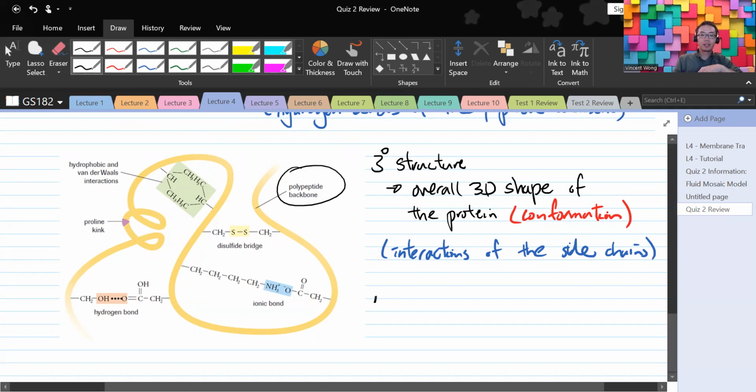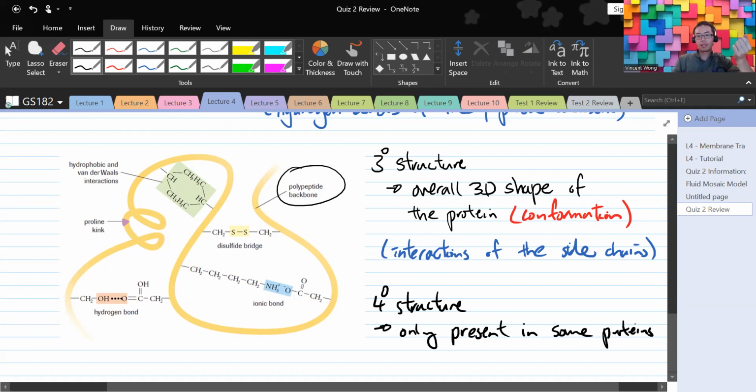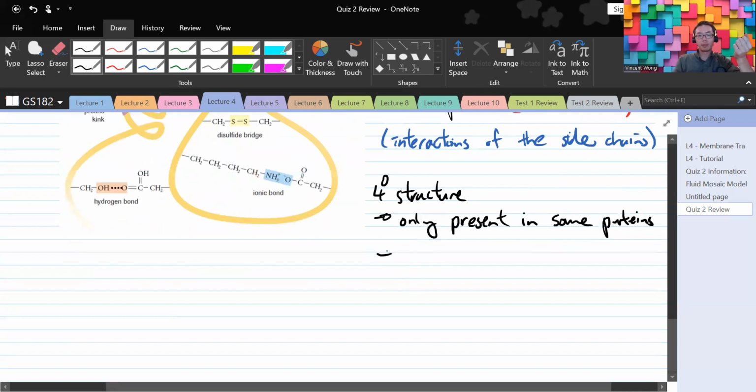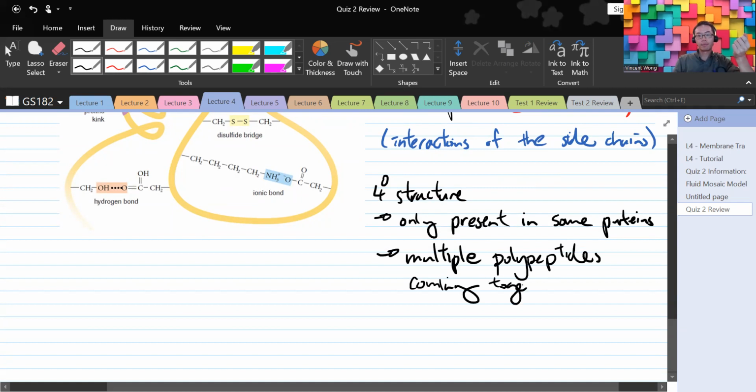Okay, and finally there is the quaternary structure, which is not always present. It's only present in some proteins, and that's when you have multiple polypeptides coming together to form a complex.